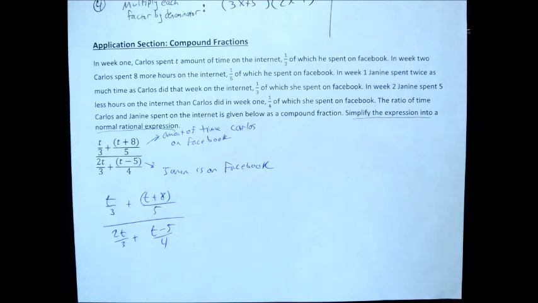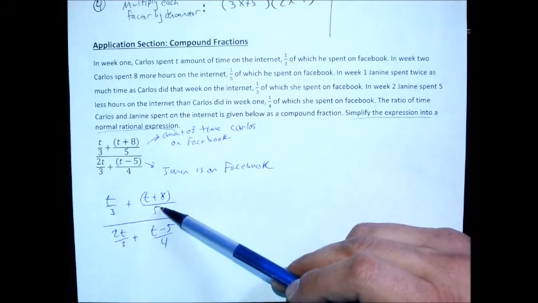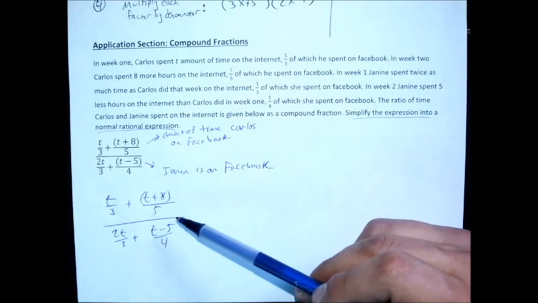We want to multiply through by a common denominator. So what's the common denominator of 3, 4, and 5? It's actually a little bit tricky to think about. So I would recommend thinking about multiples of 5 and then thinking whether or not 3 and 4 go into them.